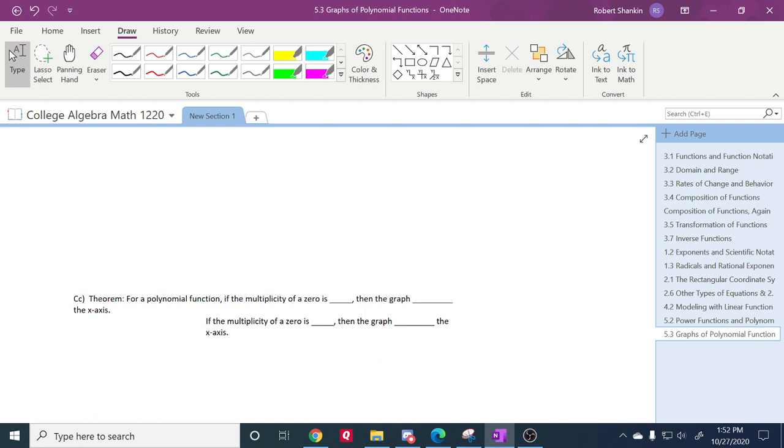And then you're going to be typing it into your group chat. So you can type it in now, but don't hit enter yet into your group chat. Okay, go ahead and type it in your group chat.